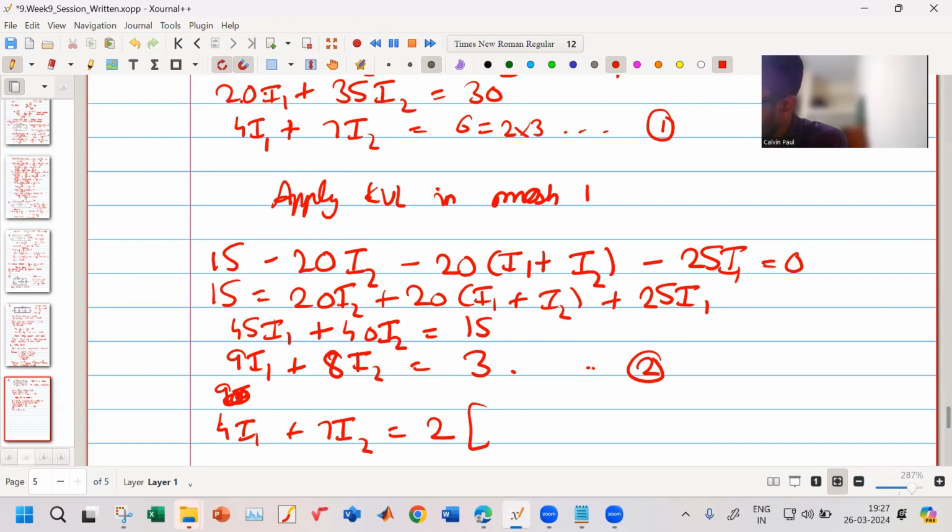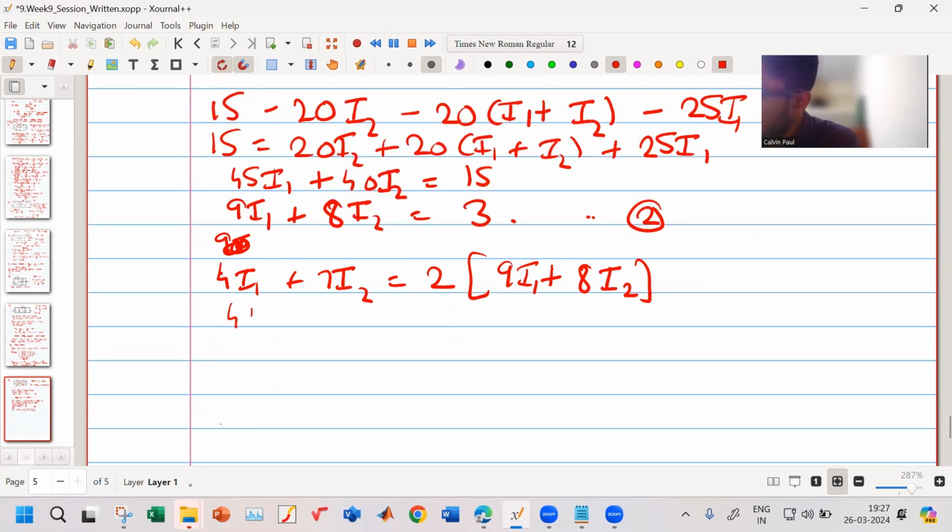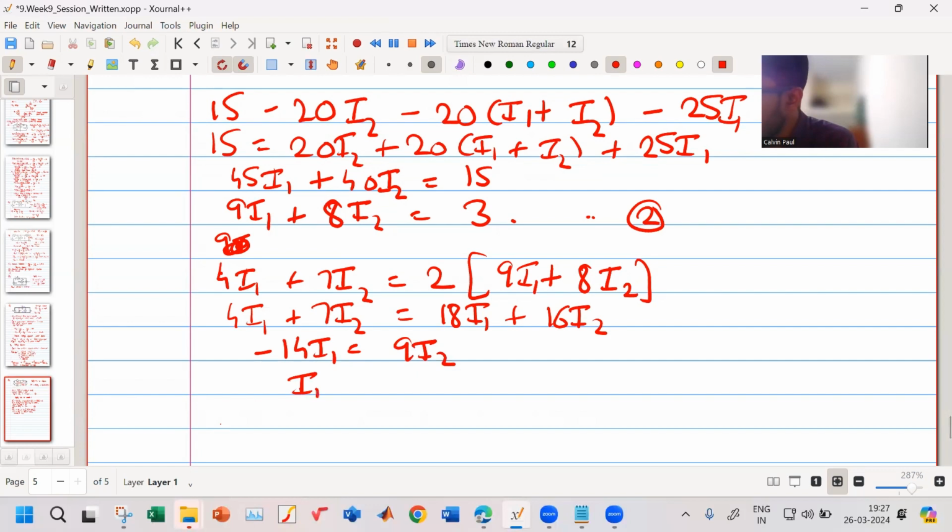And my 3 is 9 I1 plus 8 I2. So this comes out to be 4 I1 plus 7 I2 is equal to 18 I1 plus 16 I2. So you get minus 14 I1 is equal to 9 I2. So I1 is equal to minus 9 upon 14 I2.